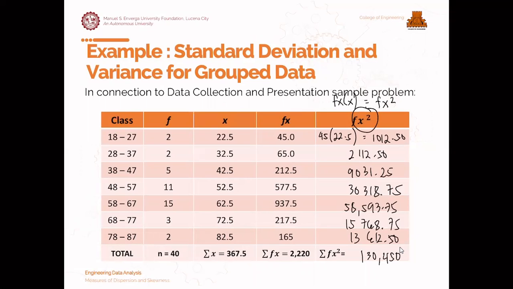Kasi ibig sabihin nito ay f times x times x. Kaya ang pinag-multiply lang is itong fourth column and third column. So, ito yung value na to.